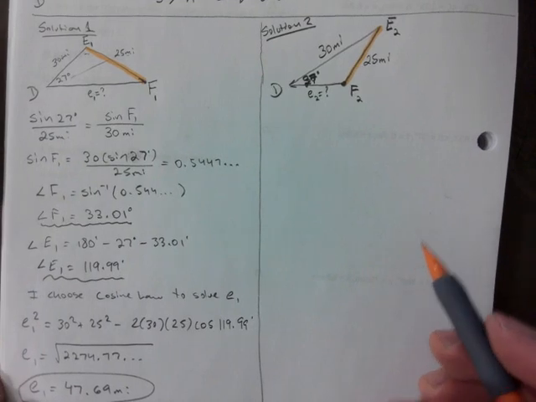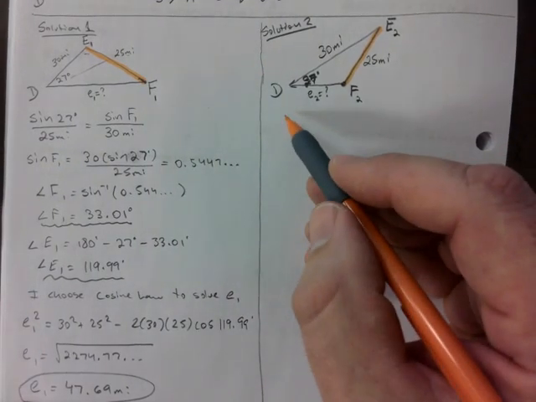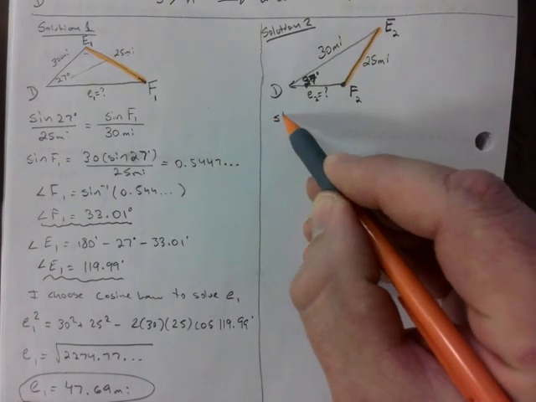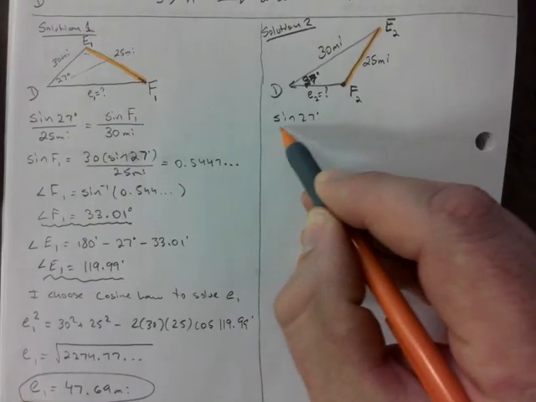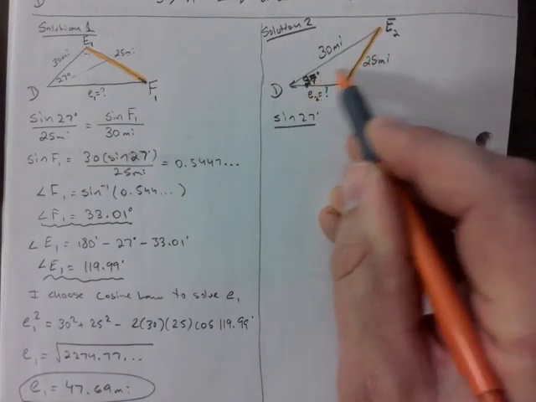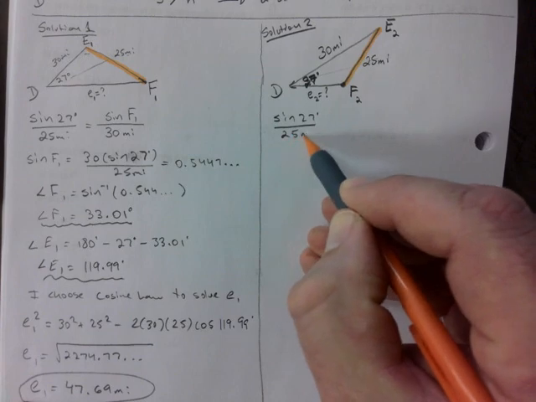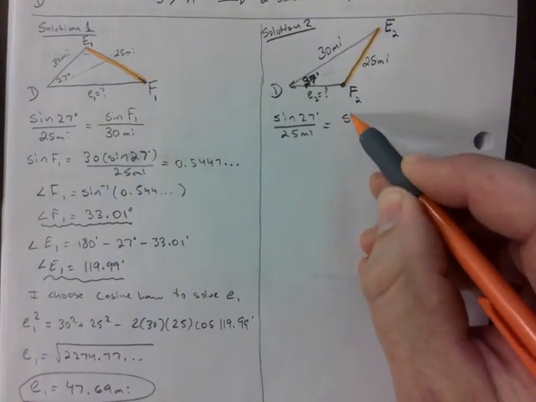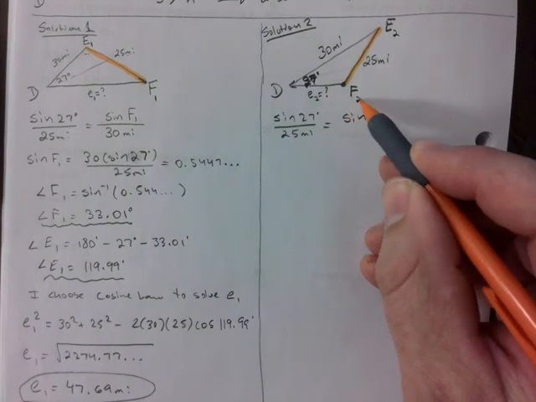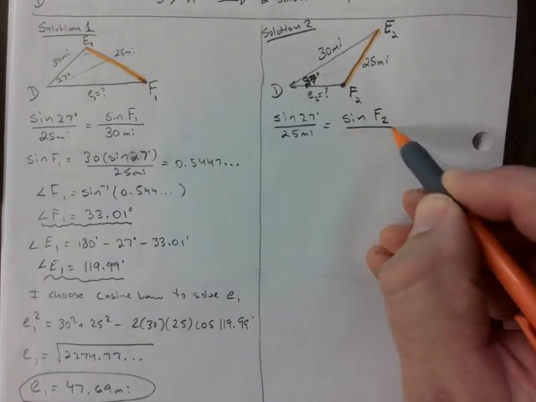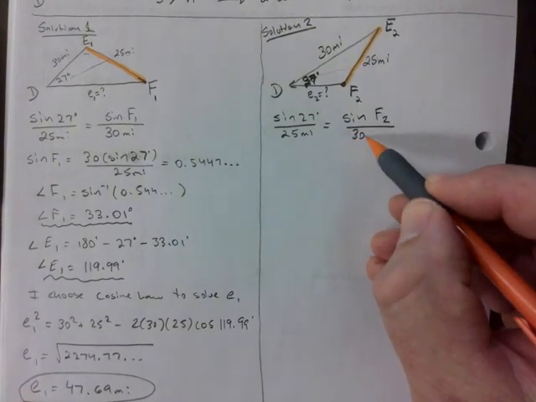So here we go one more time. Watch this. Sine of 27 over 25, because that's a pair. Sine of F2, that's the only thing we can solve for, over 30 miles.